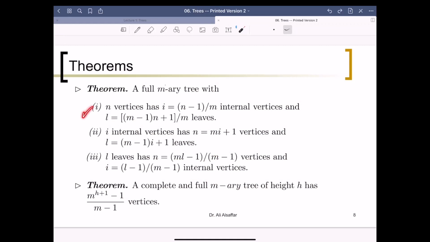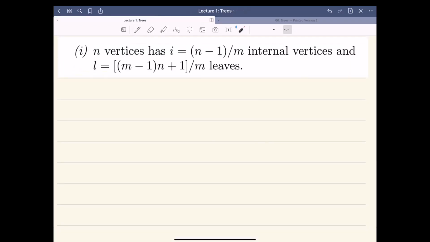So let us find the equations for part number 1. For part number 1, here we need to write that m and n are given. So the equation for the other part, here we will say find I and L. Put these 2 equations that we have found earlier.